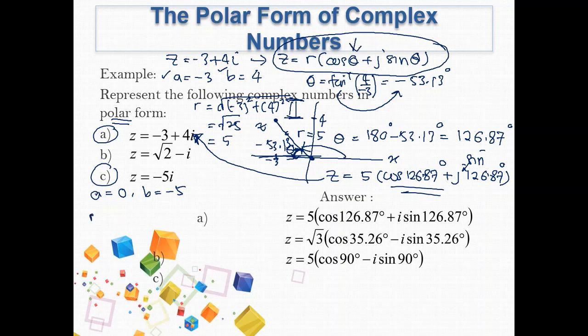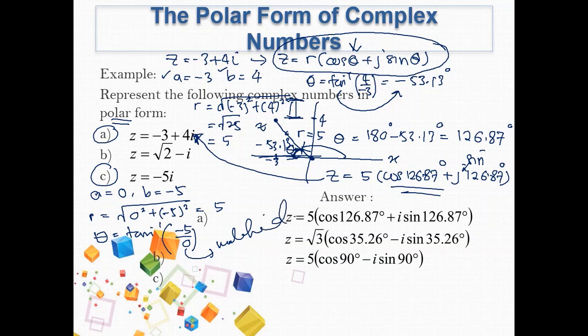Follow the same steps. r is equal to square root of 0 plus negative 5 squared. That also gives you r equal to 5. And theta is the inverse tangent of negative 5 over 0. This is the same undefined case as we did in the previous slide.